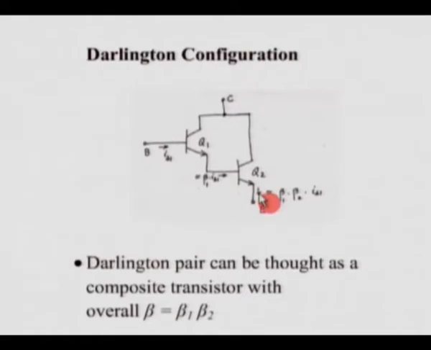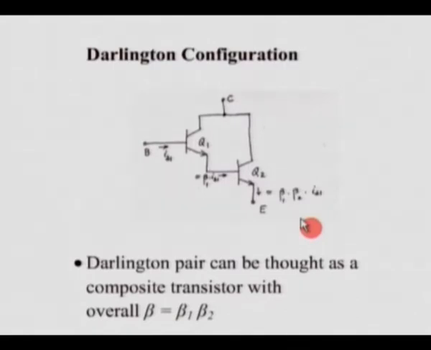Now, if we come to the emitter current of the second stage, or the emitter current of the compound device, we see that it would be beta 1 times beta 2 times IB1. So, if the betas are the same, we are talking about a device where the beta gets multiplied.